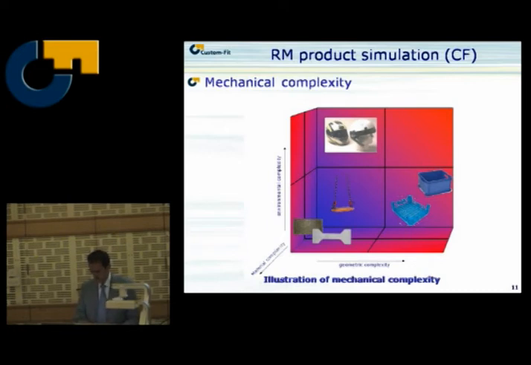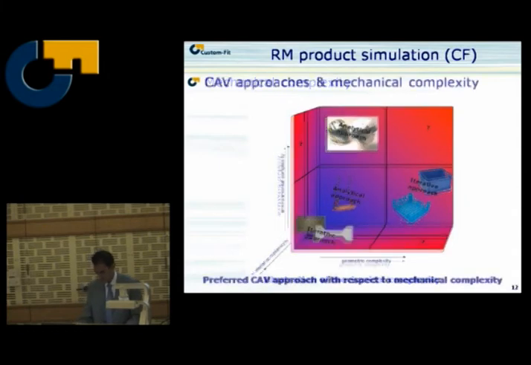You may see in the three axes the three types of complexity and some typical products. And here you may see which are the preferred CAV approaches with respect to the mechanical complexity. However, the designer should always select the correct approach in full awareness. There is no definite rule for this approach.